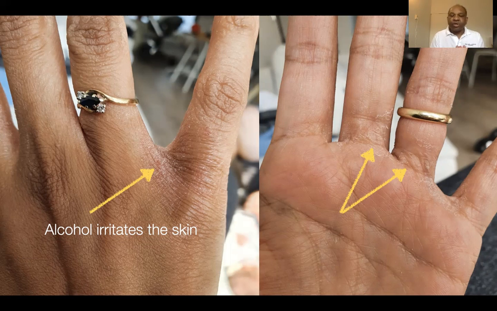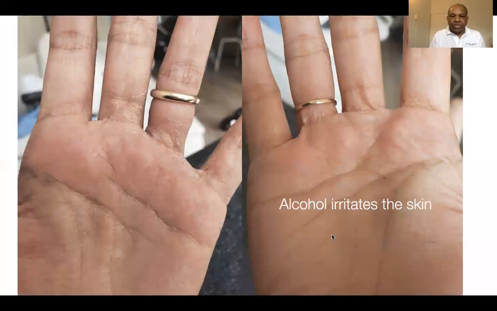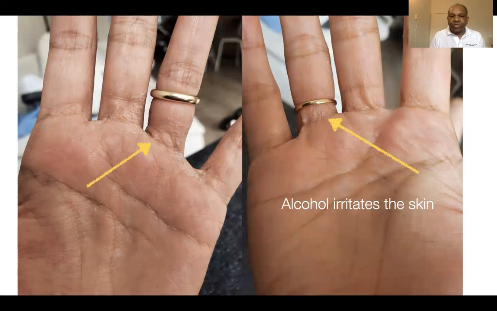It causes irritation to the skin. It removes the oily layer on your skin, causing your skin to become very sensitive and very itchy. For children, the alcoholic smell can also be irritating. Again, this shows continuous use of alcohol causing some irritation to the hands or your skin.